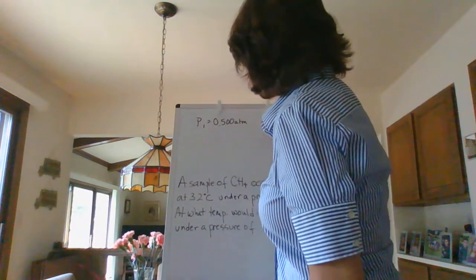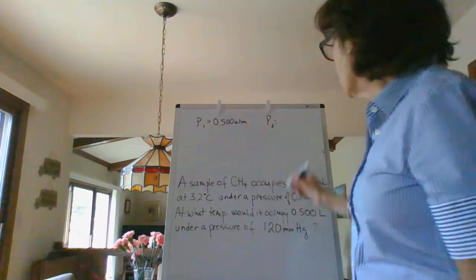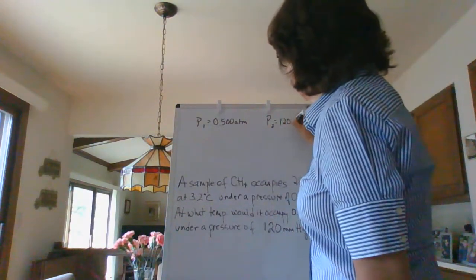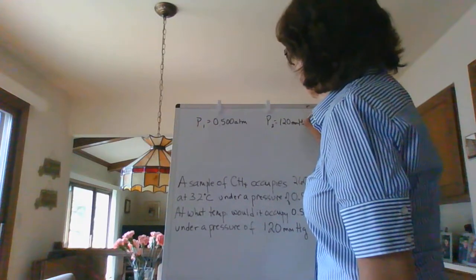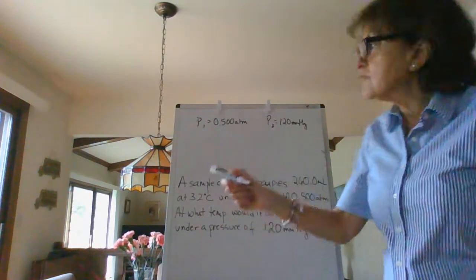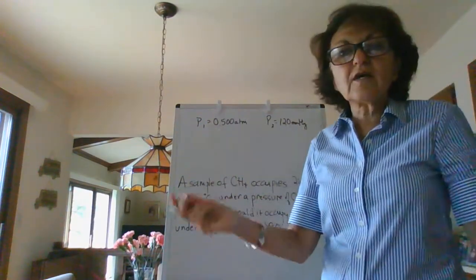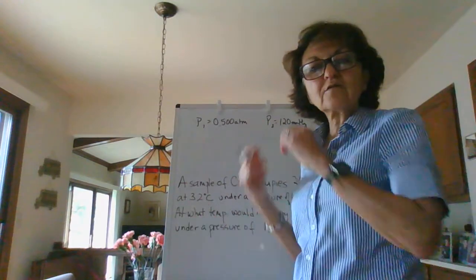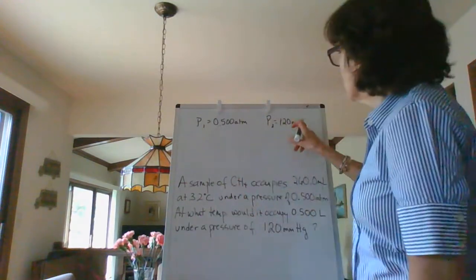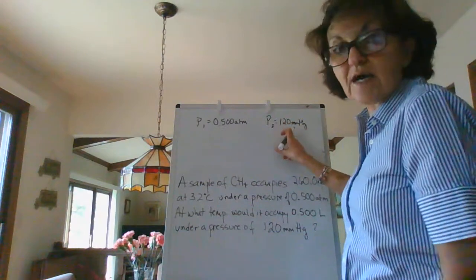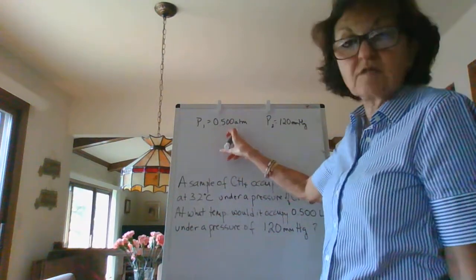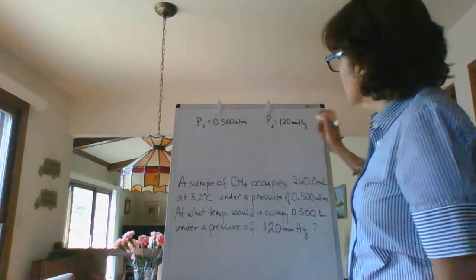What is P2? P2 is 120 millimeters of mercury. So you decide which one you are going to do. Obviously, you're not talking back, so I'm just going to decide myself. I'm going to convert this to atmospheres. I could convert this to millimeters of mercury, but I'm going to convert this to atmospheres.